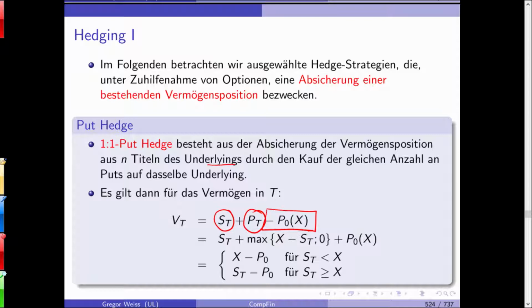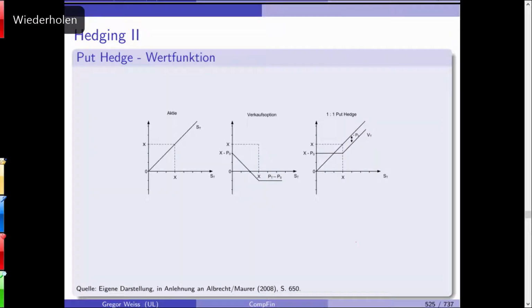So in summary, it will be ST plus the maximum of X minus ST or 0, minus P0. And then, again, if you combine it, you get X minus P0 and ST minus P0 for the stock price being below or above the strike.